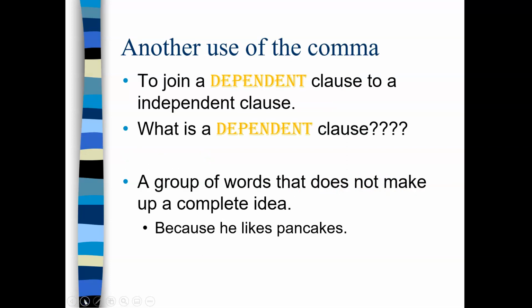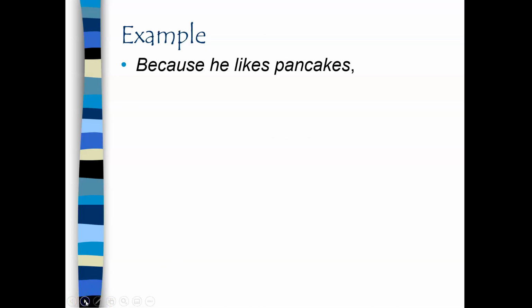Another use of the comma is to join a dependent clause to an independent clause. A dependent clause is like a group of words that maybe has a subject and maybe has a verb, or undoubtedly, but it doesn't make a complete idea. For example, if I said, because he likes pancakes.